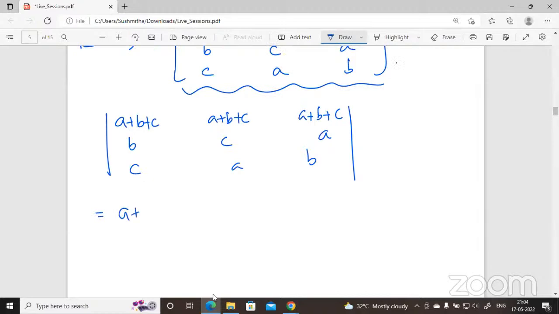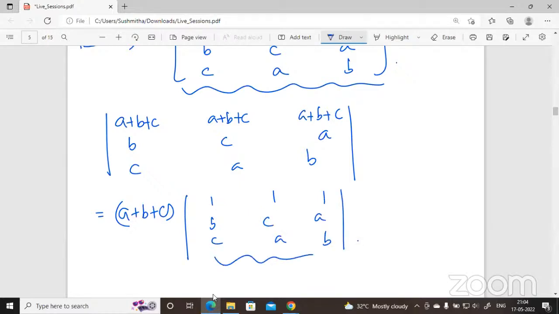So now I can take A plus B plus C outside, right? Now calculate the determinant of this. Actually it's not even needed, because I've already got one term outside.